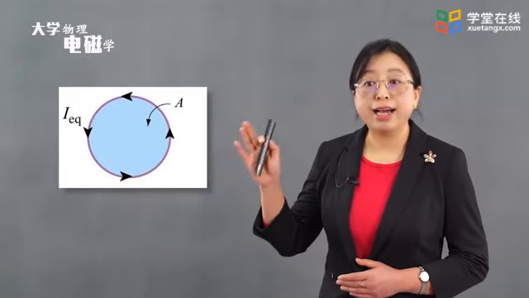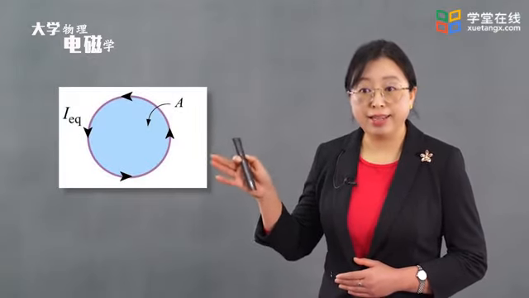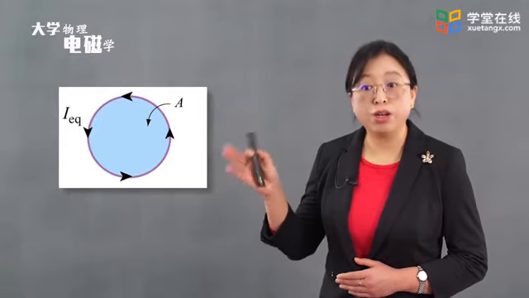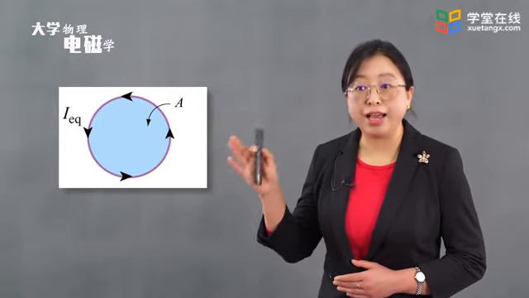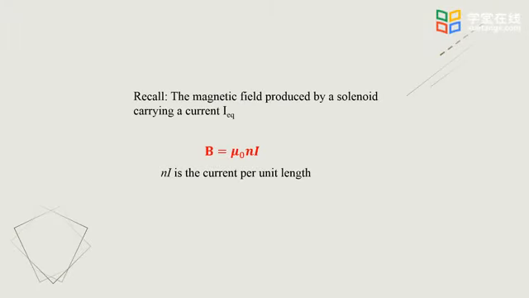We note that the current configuration in this case is highly similar to a solenoid carrying a current I_EQ. According to the magnetic field of a solenoid, B equals mu0 n i, where n i is just the current per unit length.